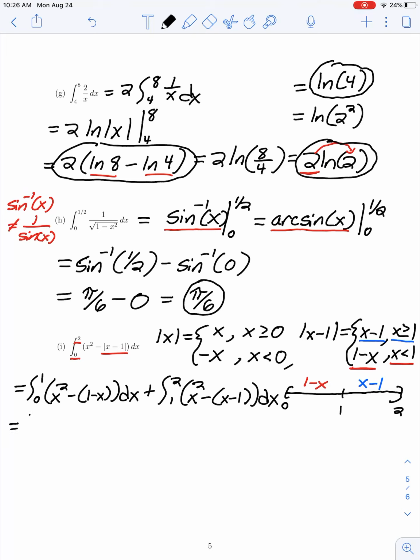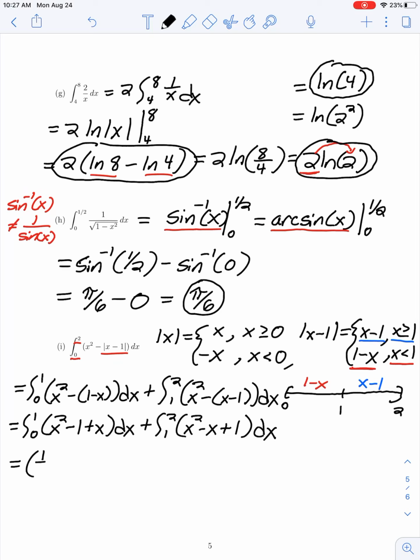So let's simplify a little bit. We have the integral from 0 to 1 of x squared minus 1 minus a negative x, or plus x dx, plus the integral from 1 to 2 of x squared minus x, and then subtracting the negative 1 is a plus 1 dx. So let's find the antiderivative of each piece.